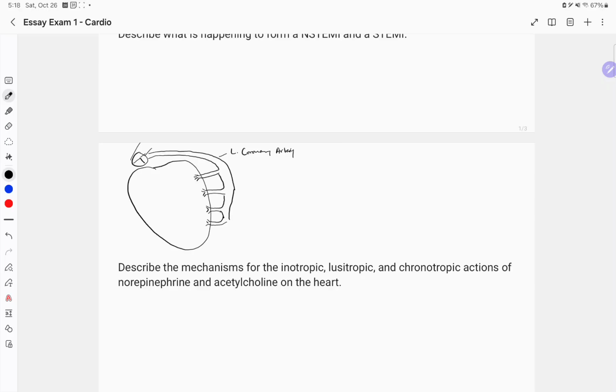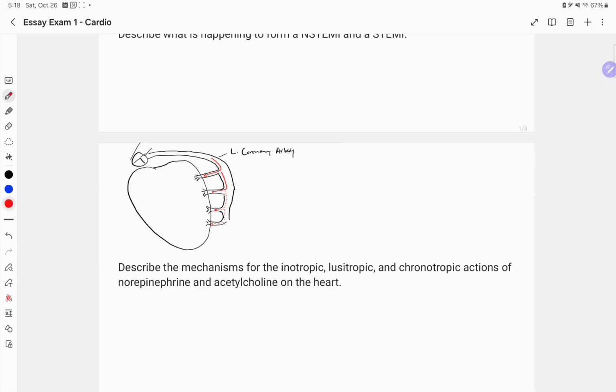NSTEMI and STEMI have to do with heart failure. And if you have some sort of blockage in the coronary artery, you're going to have blood that's flowing down here, but not as much as if it was functioning normally. And so as you travel down this artery, you have less and less blood that's coming through.